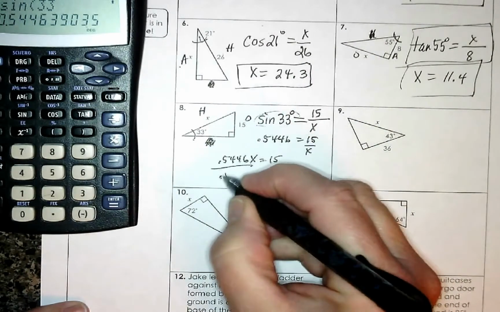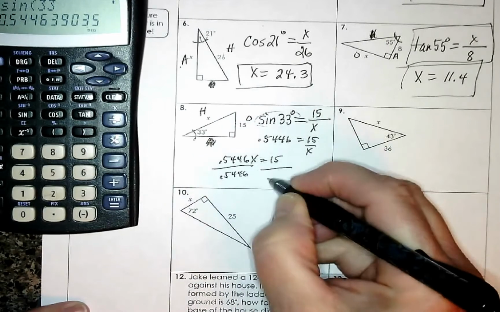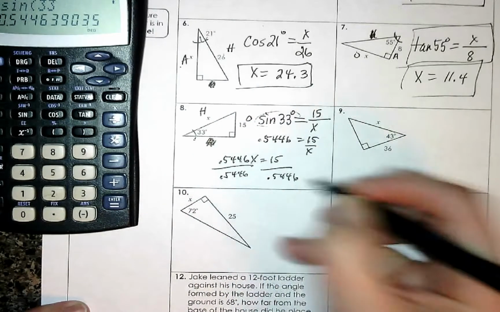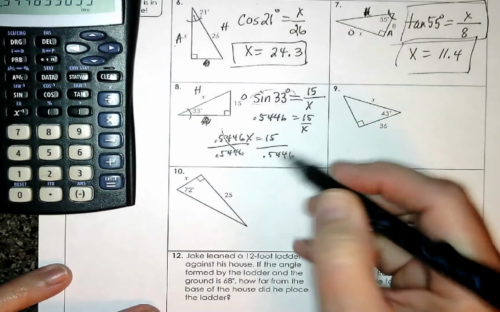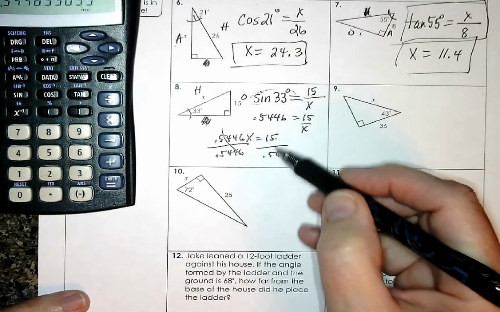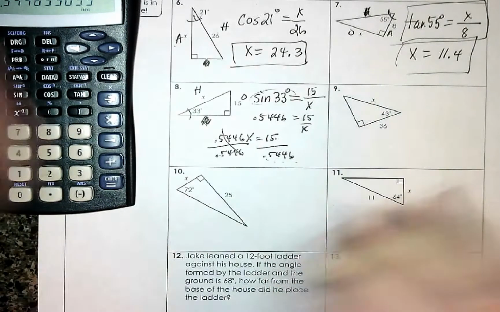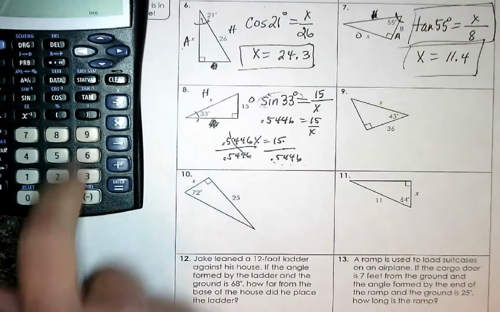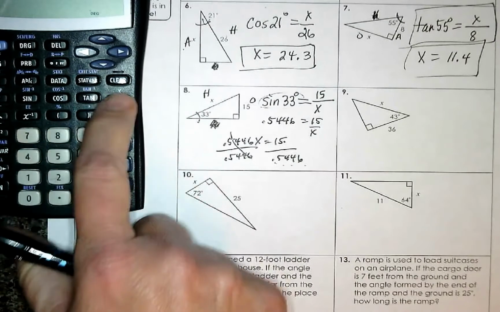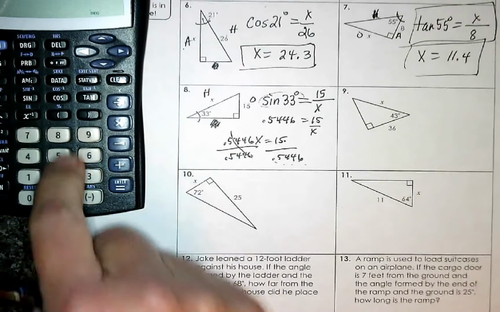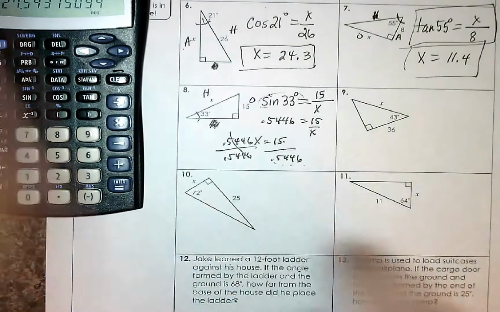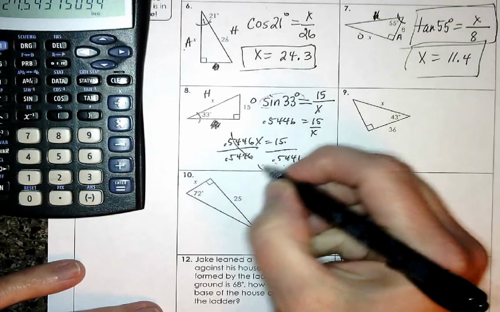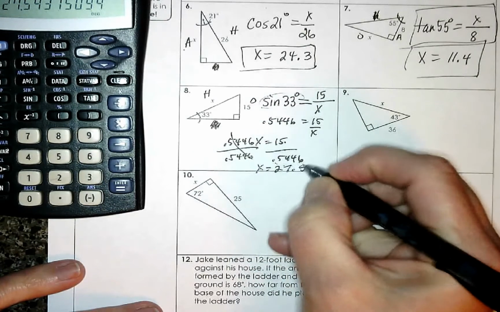Divide. So X is going to be 15 divided by 0.5446. Okay, so I got to clear this out. Punch in 15, divide 0.5446. So my X is going to be 27.5.